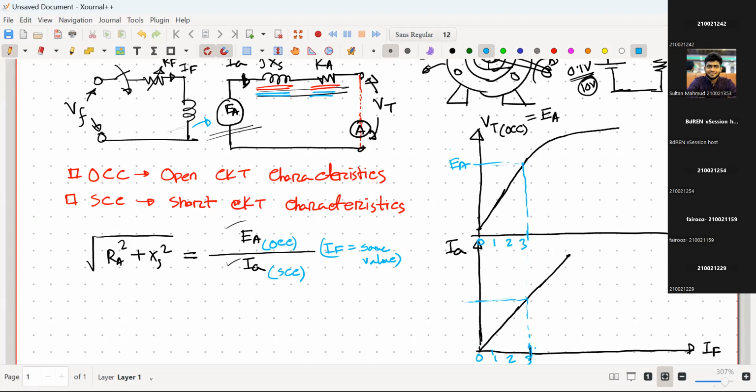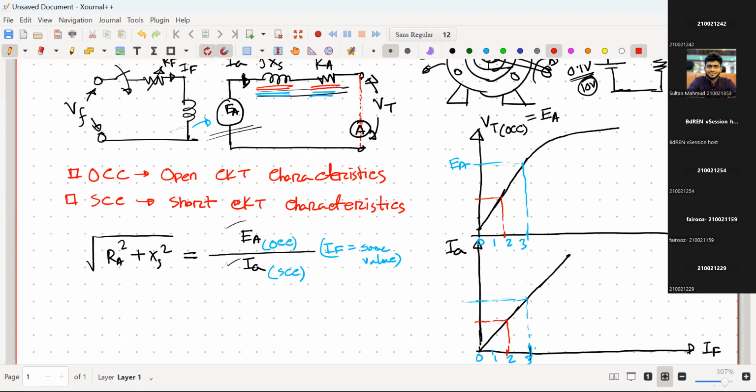So for corresponding 3, we get in the IA versus IF curve, let's say it is 3.2 for the EA versus IF curve. And for 2, if someone takes this 2, if you take this ratio, as both these are linear, you'll get the constant value, same value.